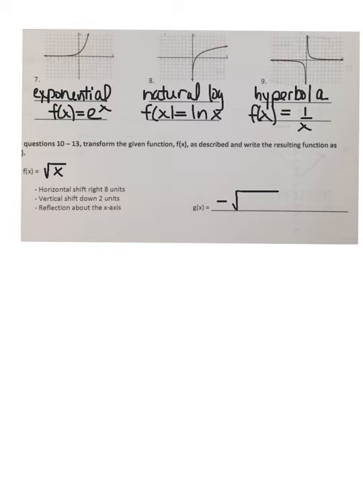So let's look at the square root now. Horizontal shifts always get put underneath the square root and in the opposite sign of the direction they're referring to. So in this case, I would say x minus 8, and most people would think it would be x plus 8 because it's to the right, but we kind of do the opposite sign there.